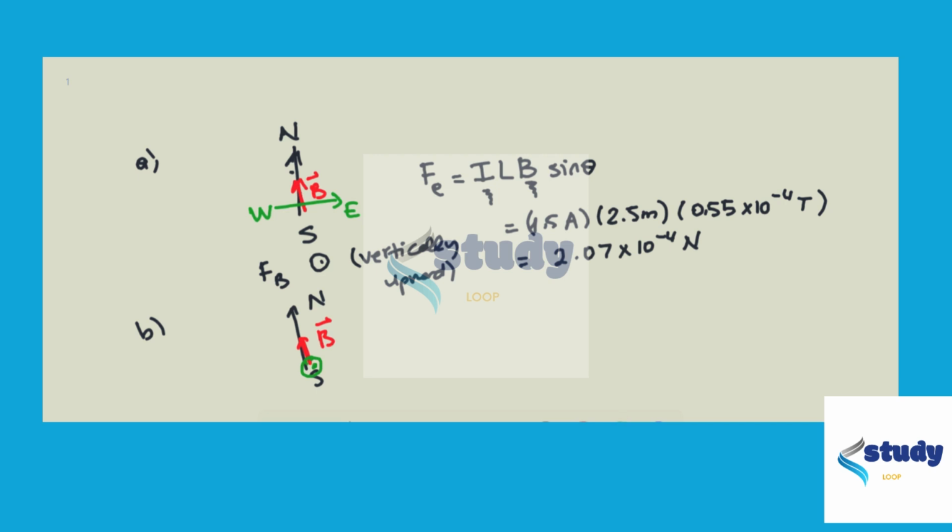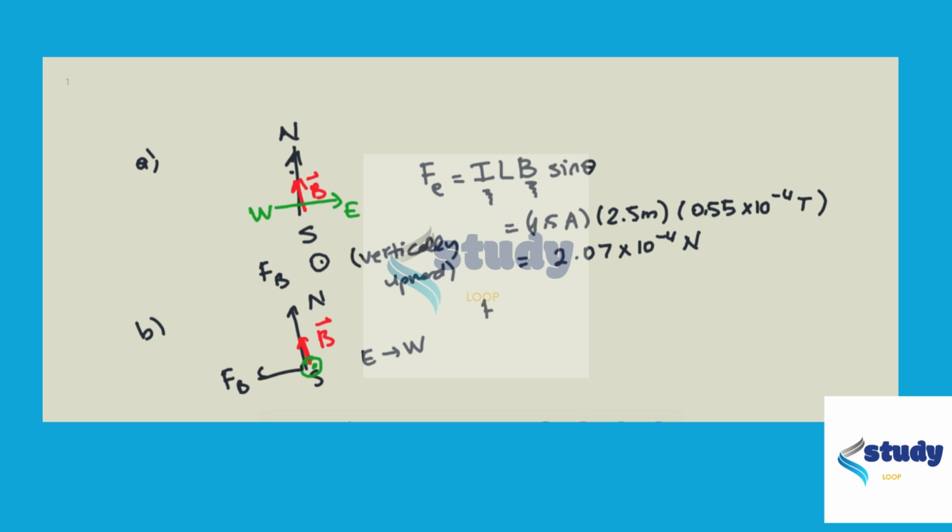Let's see from the right-hand rule what the direction of the force exerted on the wire is. Your thumb is along the direction of the current, and the rest of your fingers are along the direction of the external B field. When you curve your fingers 90 degrees, you find that F_B is going to go from east to west, actually. So east to west, to the left.